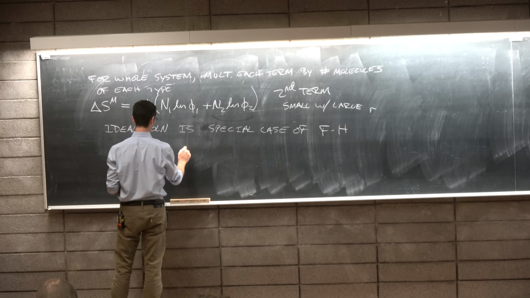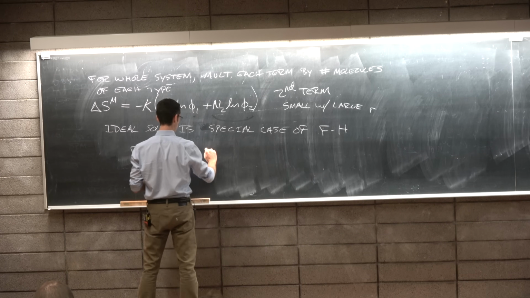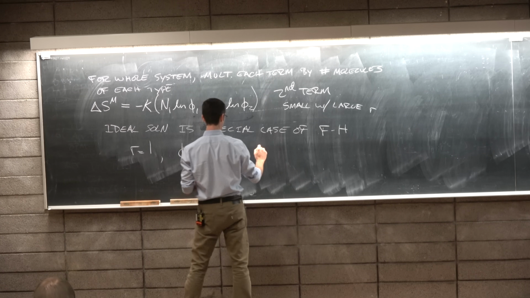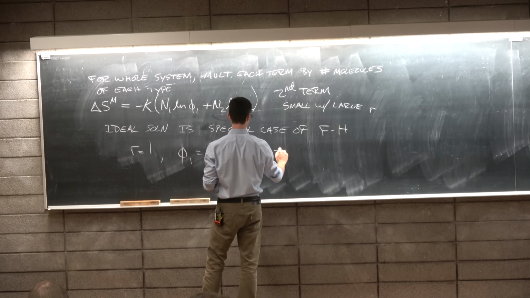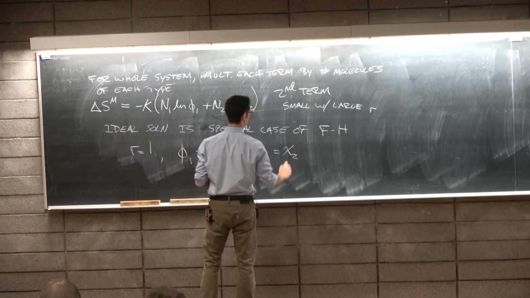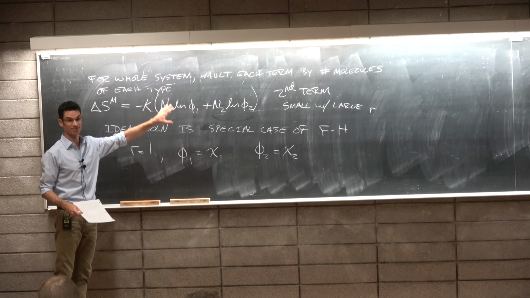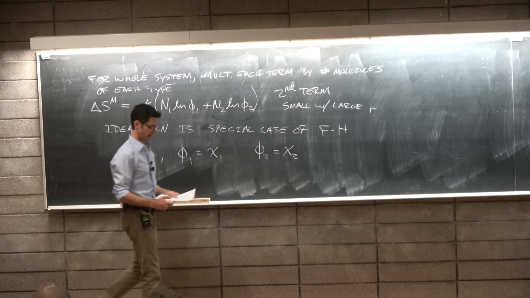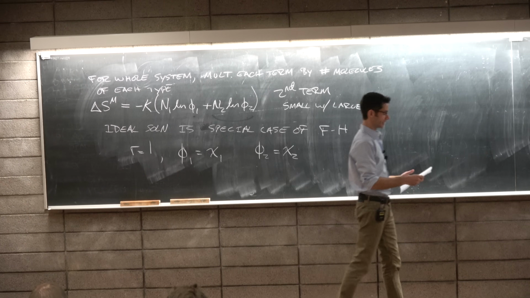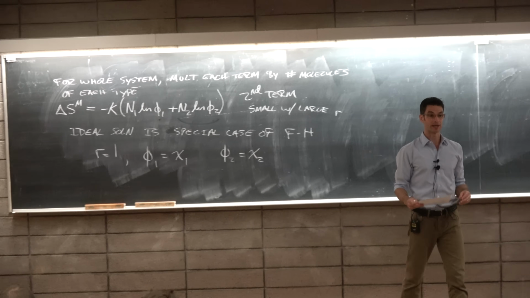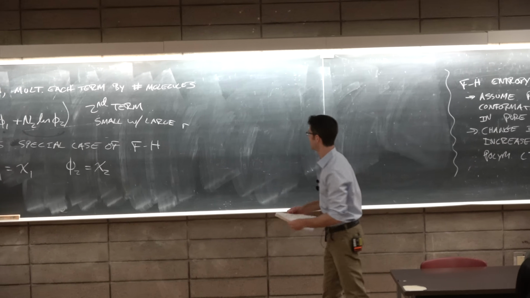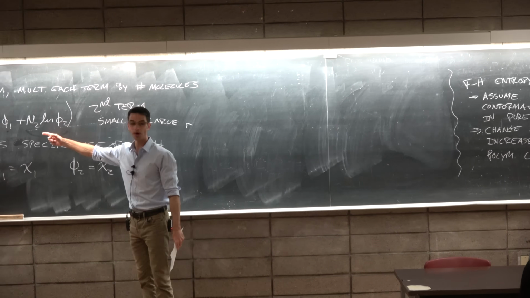So R equals 1, and then phi1 is x1, and phi2 is x2. And if we make these substitutions, we just get the ideal solution theory.